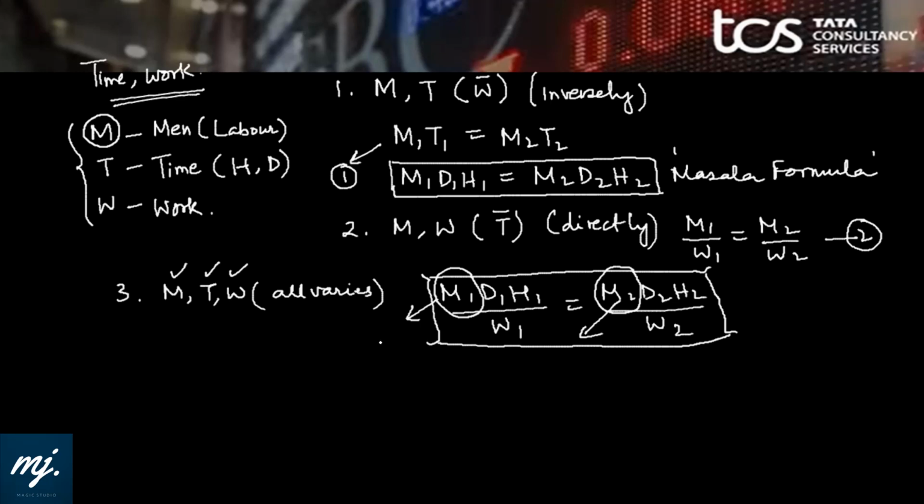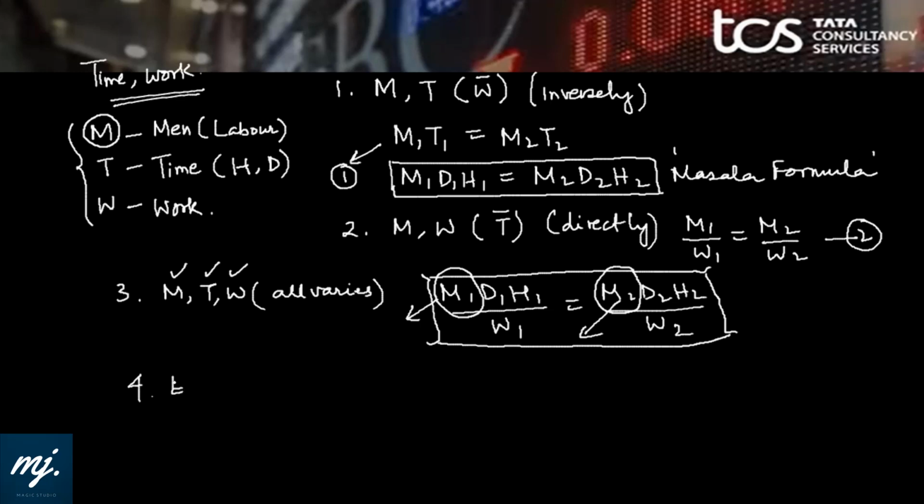What if the efficiency of these two groups is different? Obviously, it's quite natural. If this group contains 10 men and this group contains 5 women and 5 men, obviously the efficiency of the two groups would be different. Skilled, unskilled, men, women, child, all have different efficiency.